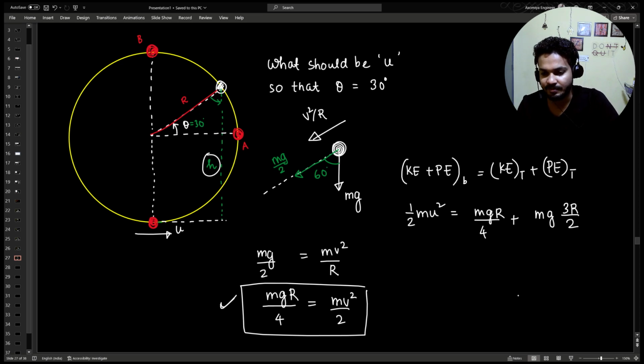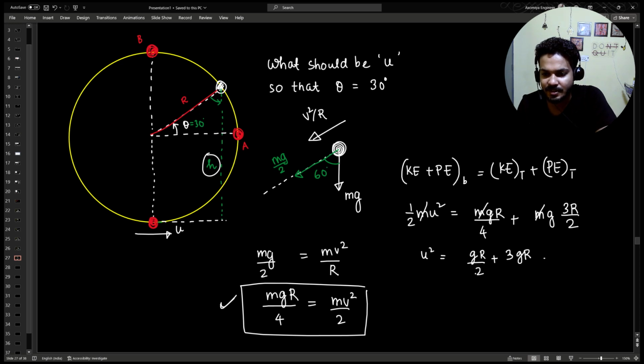Do we agree? Yes. So m cancels. u square becomes equal to, well, I want to multiply everything with 2. So this becomes gr by 2, and this becomes just 3gr, right?